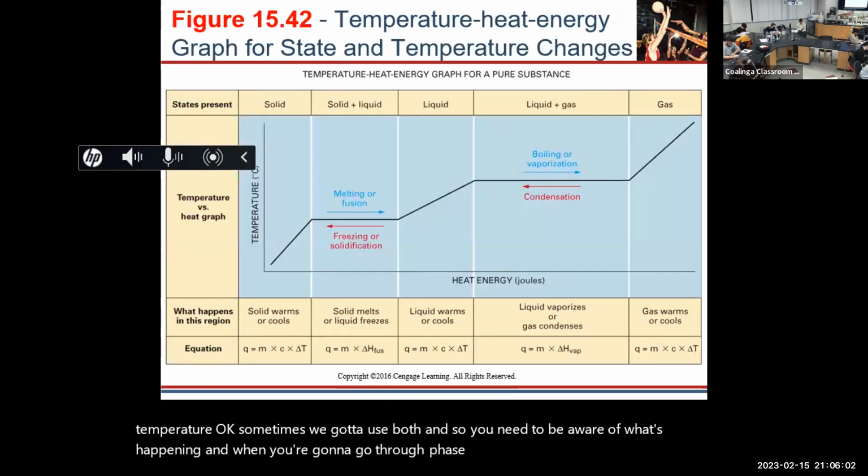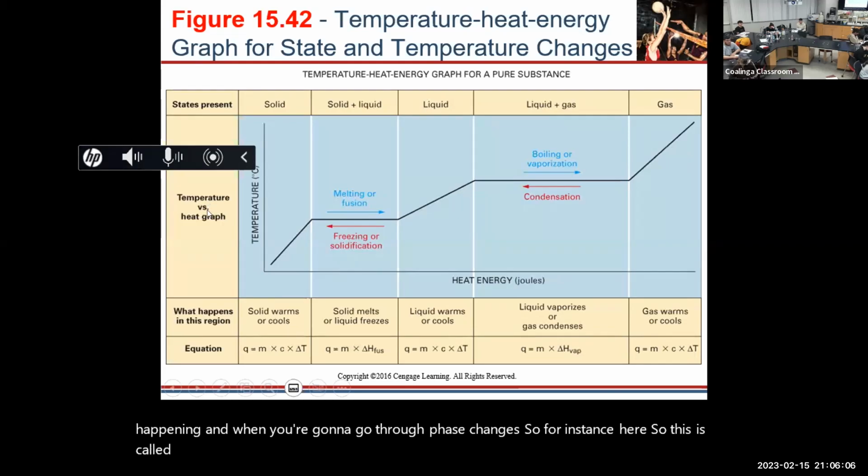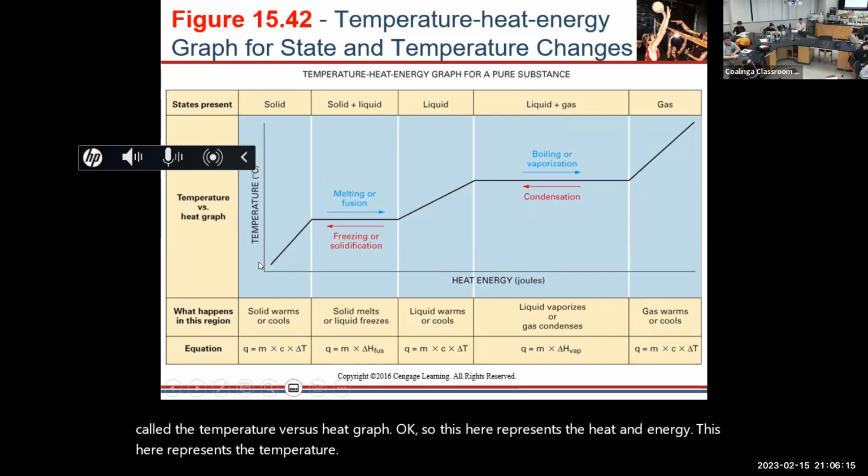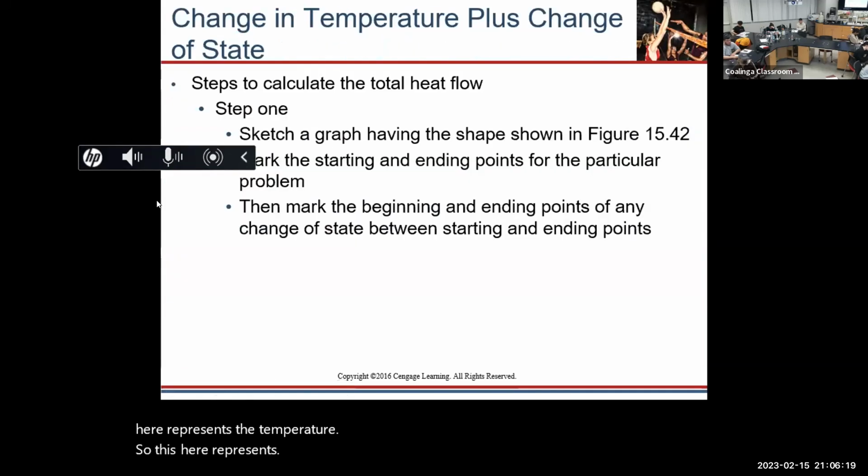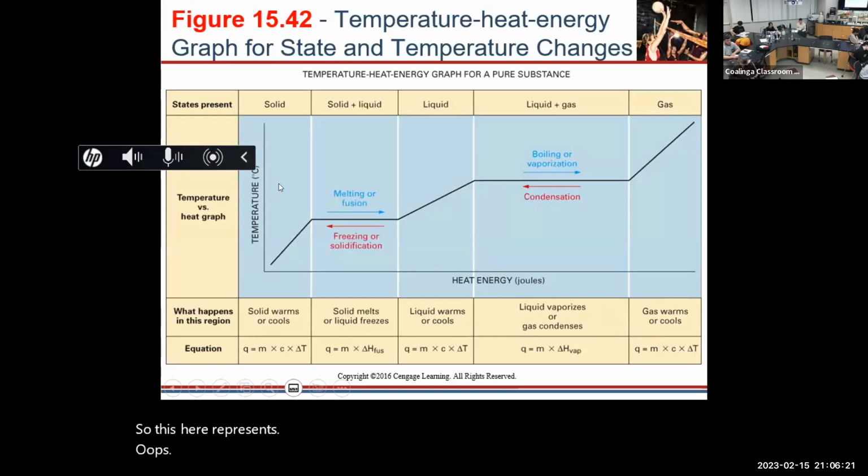So for instance, here, this is called the temperature versus heat graph. This represents the heat, the energy. This represents the temperature. From this point to this point, we're a solid.